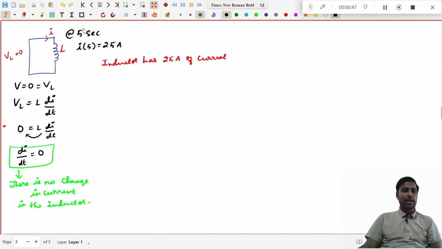Then after 5 seconds, we short circuited the inductor and the voltage across the inductor becomes 0. And if that becomes 0, we have found an expression that there will not be any change in current. So we have found finally that this inductor will have 25 amperes of current forever.